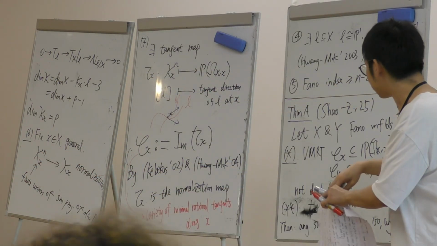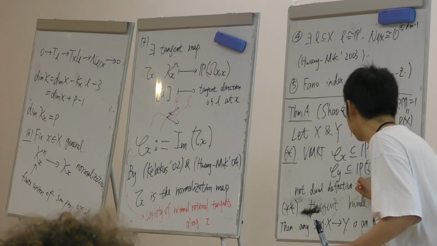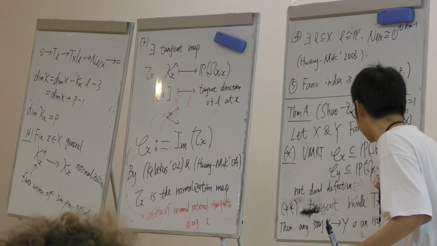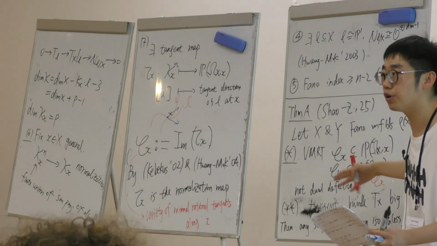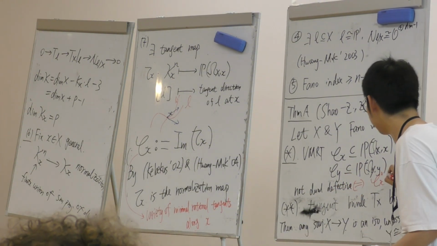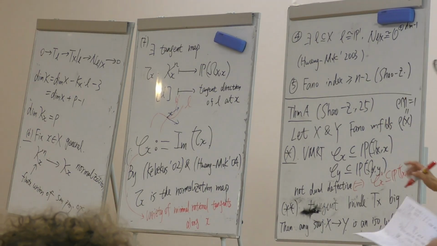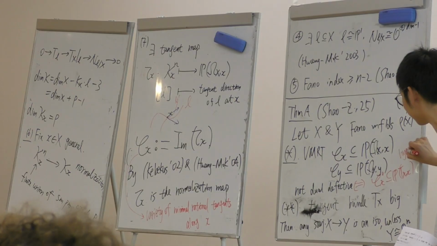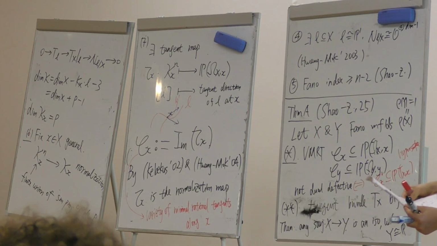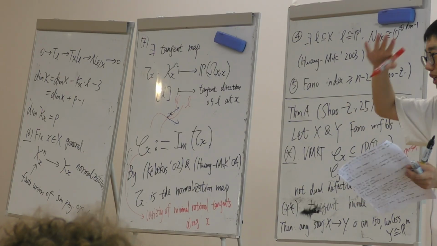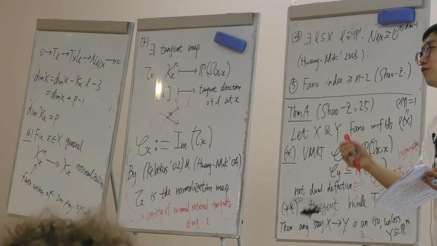Okay, so the definition for this VMRT being non-dual defective means, if and only if the dual variety of Cx, I use this check, lies in this PTXX, and this is a hypersurface. So the dual variety basically means we consider all the hyperplanes tangent to this variety and collect all of them.